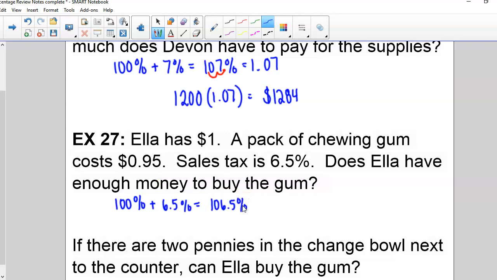And usually I'm doing all this in my head. I don't usually write it down. I'm just writing it down for your benefit. And then if we move the decimal 2 places, that's 1.065. So basically I'm just putting a 1 out front of what you multiplied by, right? And that automatically adds back that 100%.